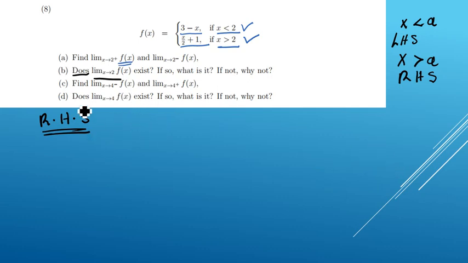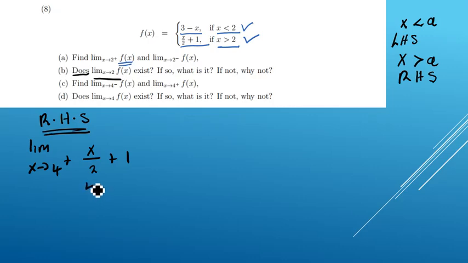For part C, they're saying find the limit as x is approaching 4 from the left hand side of f of x, and the limit as x is approaching 4 from the right hand side of f of x. First of all, take the limit as x is approaching 4 from the right hand side. The right hand side, we know that it is x over 2 plus 1.